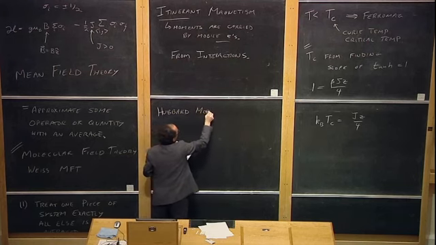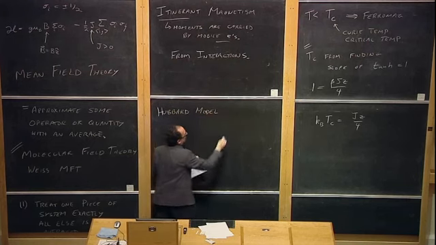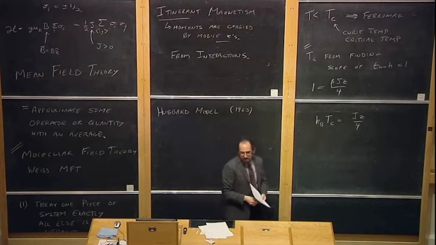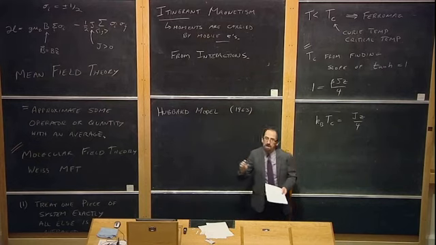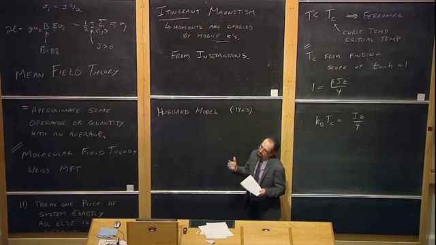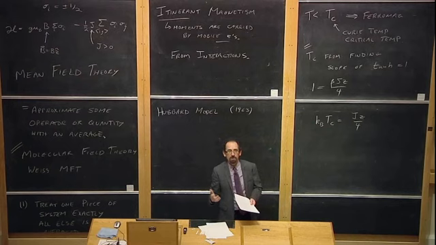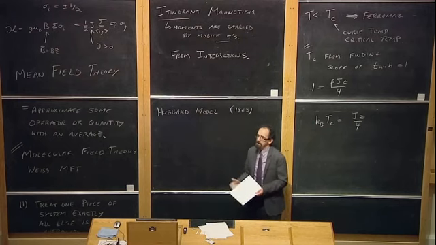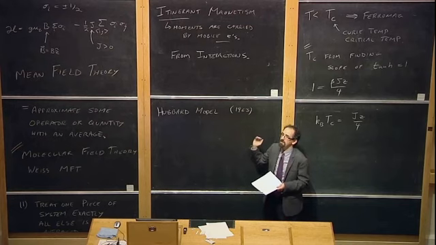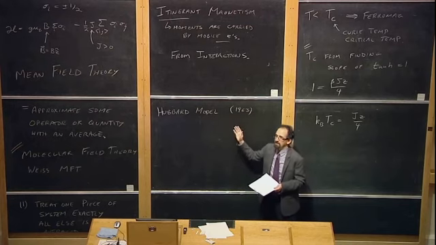Hubbard wrote this down in 1963 to try to understand itinerant magnetism. And since he wrote this down, the Hubbard model has taken on a huge life of its own. It is probably the most important model of interacting electrons in all of physics. There have been probably, without exaggeration, 100,000 papers written on the subject of the Hubbard model.